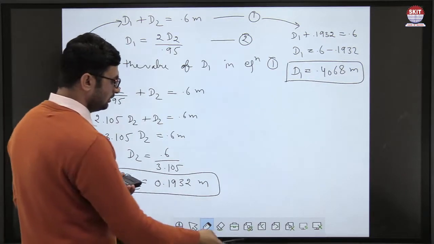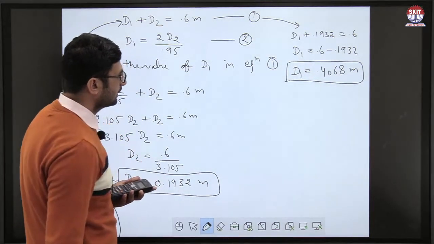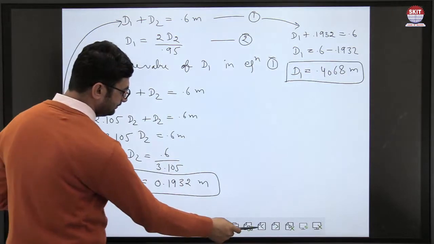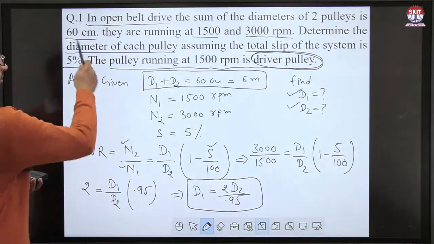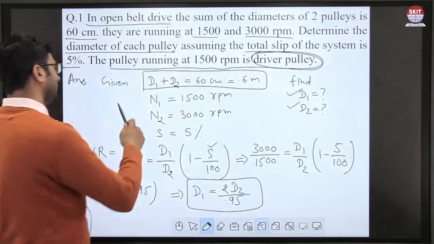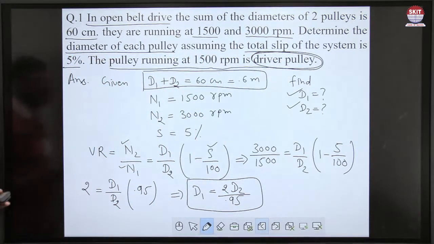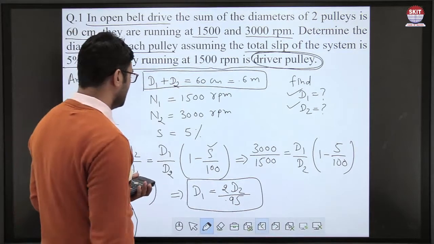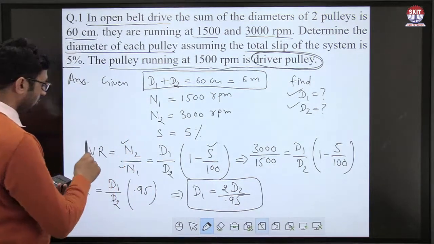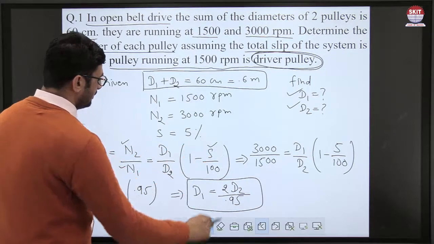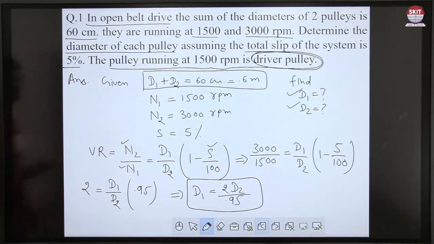Now, how did we do this numerical? We revise this. This is the given question, and first we write the data which is given in the question, and there is slip. So we use the formula of the velocity ratio in which slip is present.